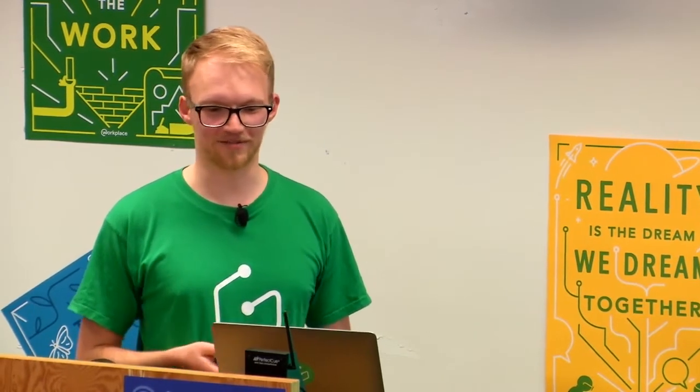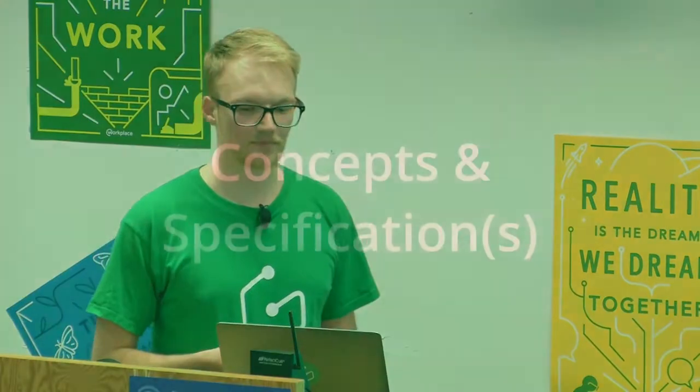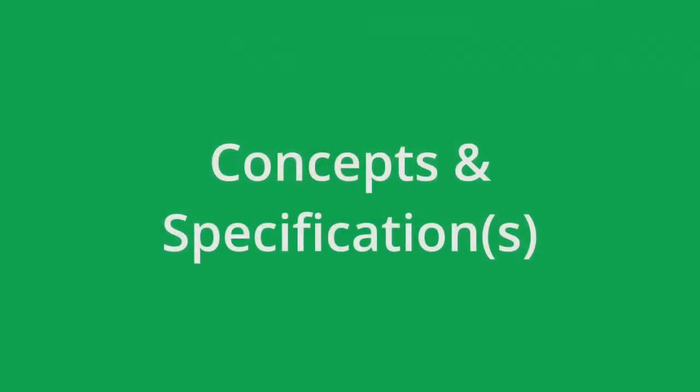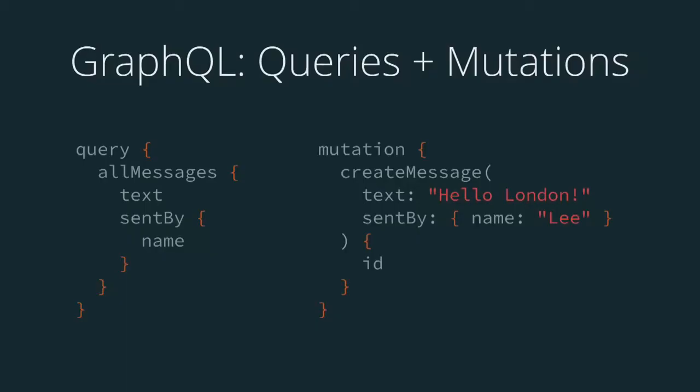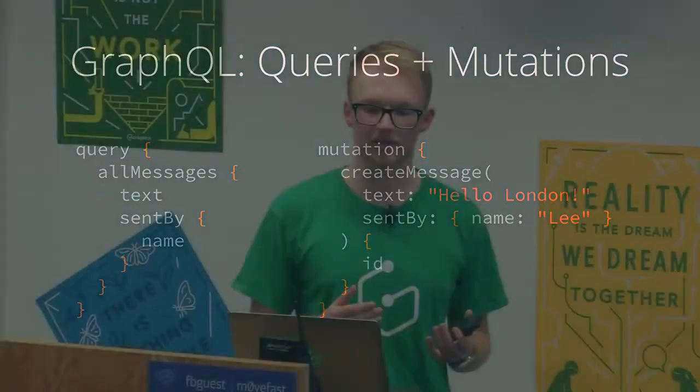So let's dive into some of the concepts. I think what most people are familiar with are GraphQL queries and mutations. This is a very straightforward pattern: you send a request, the server does some work, and you get a response back.